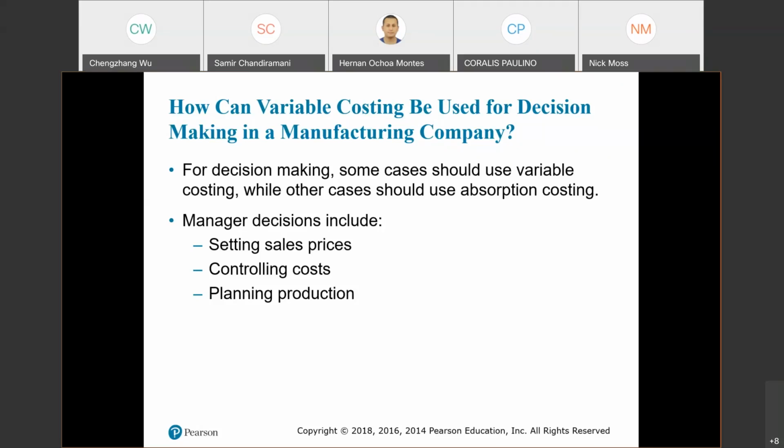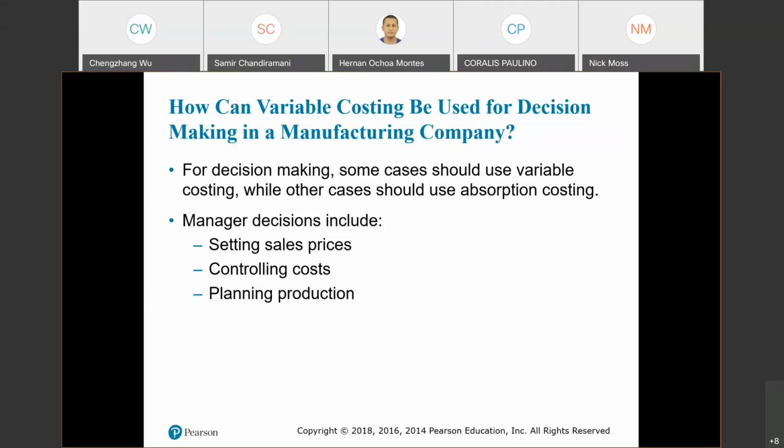So managers should focus on and be accountable for the costs that they can control. At the production supervisor's level, the controllable costs are the variable manufacturing costs, including direct material, direct labor, and variable manufacturing overheads. Well, this is concerning the costs.